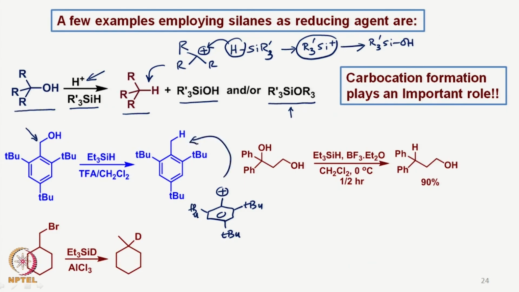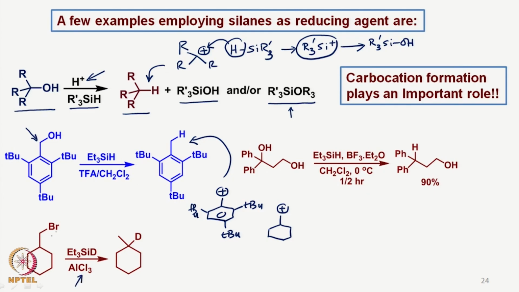Now we can see such a reaction occurring on a primary bromide, but having a cyclohexane ring system. I am very sure that most of you know what this reaction is going to go through. We form the corresponding cation here, which is what happens when this bromide reacts with a Lewis acid like aluminum chloride.